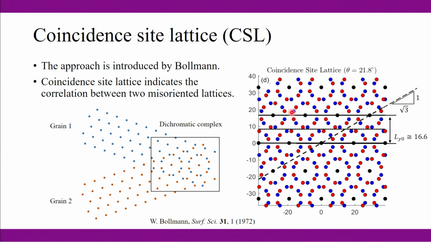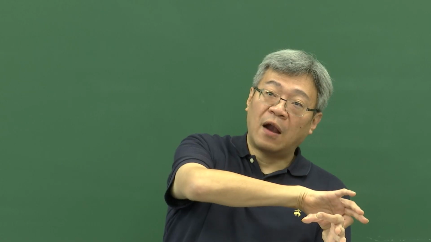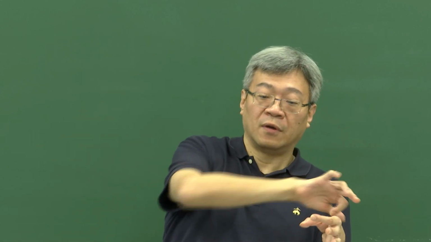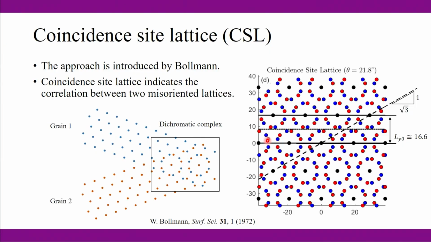If you just follow that grain boundary trajectory, you will see part of the grain boundary will go through different parts of the coincident site lattice, and some part would go through different things. But as we just established, if the grain boundary goes across different parts of this coincident site lattice, the structure will be different.